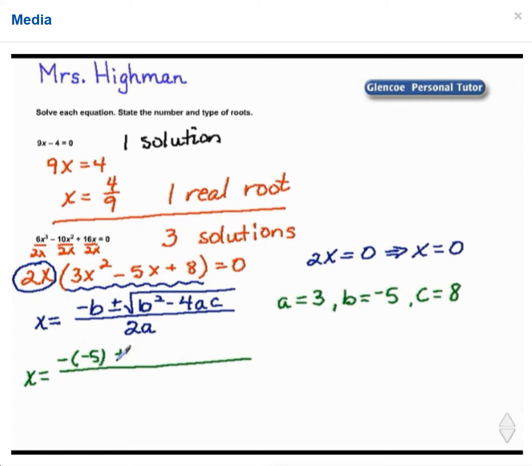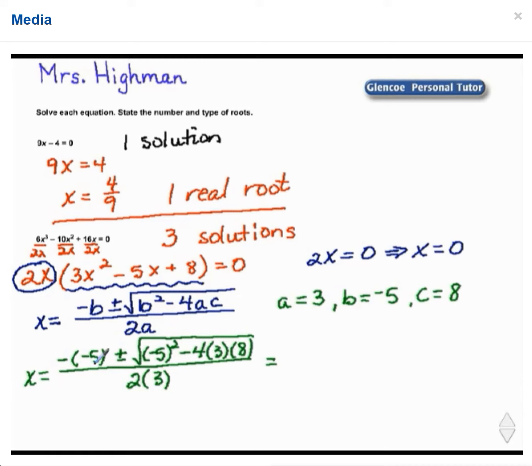Then we have plus and minus, square root, b squared. So that's negative 5 squared minus 4 times a. Well, a is 3. And then times c. c is 8. All divided by 2 times a. Now we have a lot of simplifying to do.